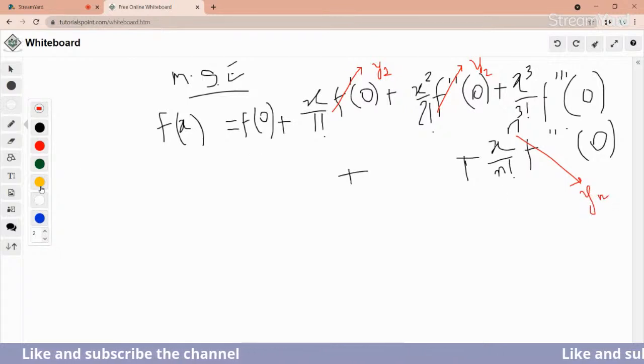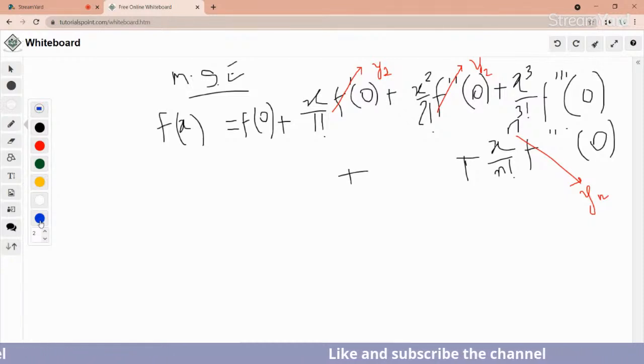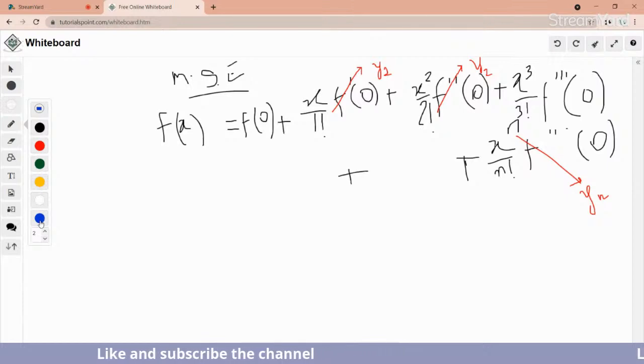So now let me take a blue ink. So let's find out the series of sin x using this theorem.